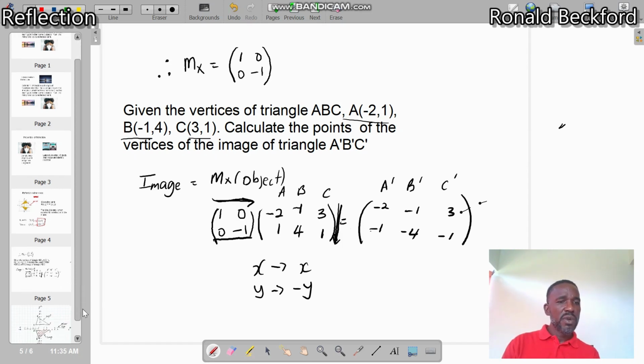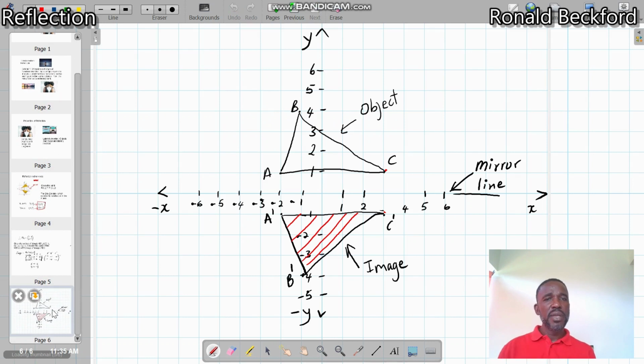Okay, so if we were to place this on a graph, we will realize that if this is the object again, then the x-axis here is our mirror line, which falls halfway between the object and the image. So basically, the object and the image are supposed to be equal distances from the mirror line.